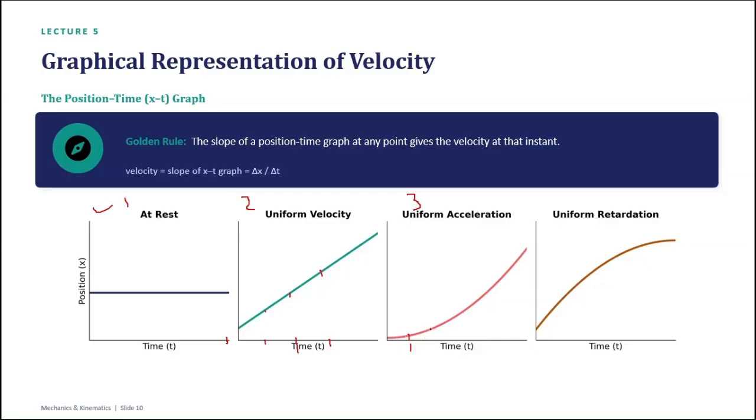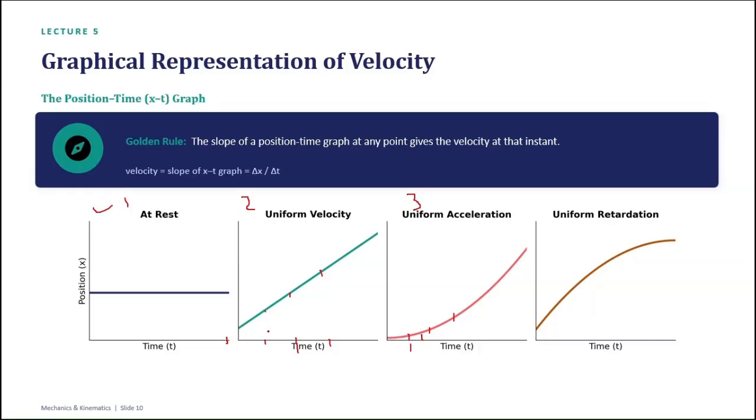Then in the next second, it covered a distance of 1 meter. In the next second, it covered more distance, and as the time passes, it covers more and more distance. So the body is increasing its velocity with time.